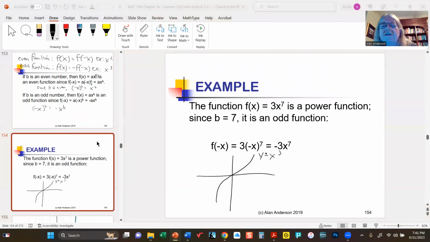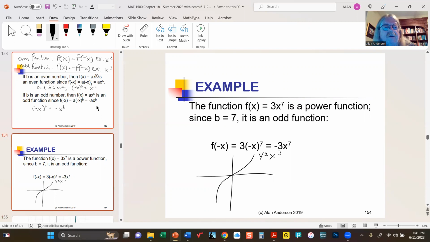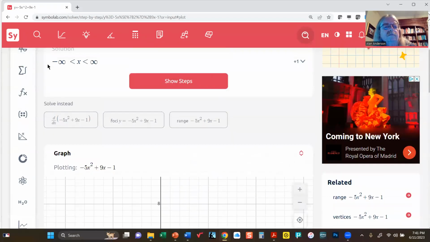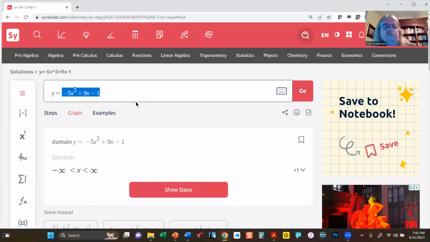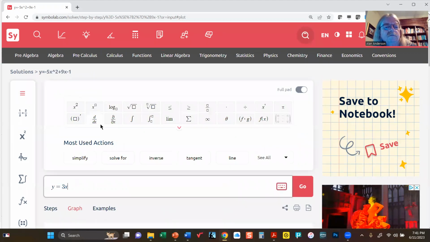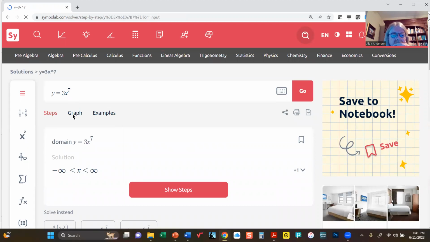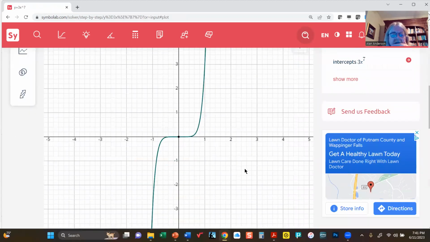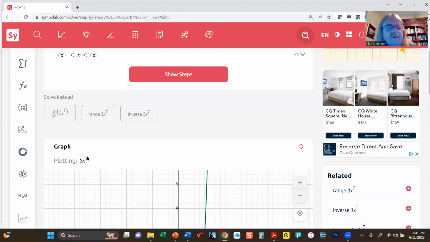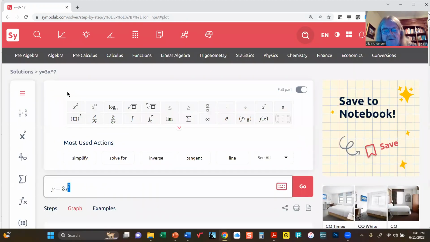It sort of rises, then it slows down, and then it falls. In fact, why don't we take a look at the graph of 3x to the 7th. Yeah, that's it. That is weird. In fact, just for the fun of it, why don't we see what it looks like with 9? To see if the shape changes at all.